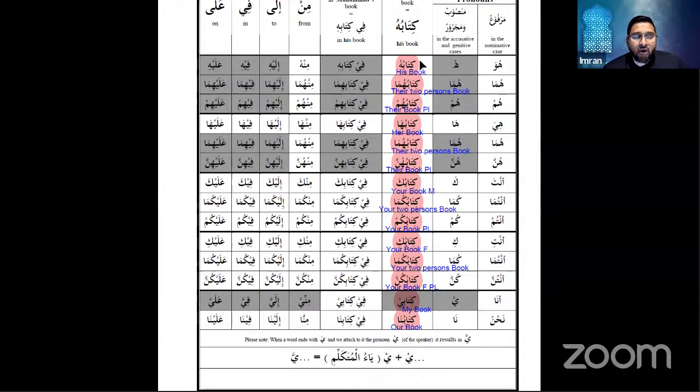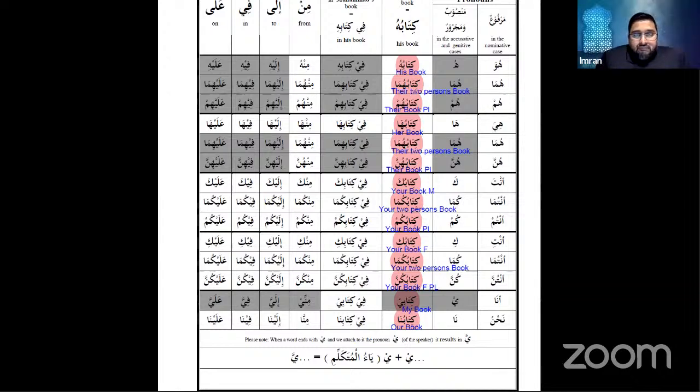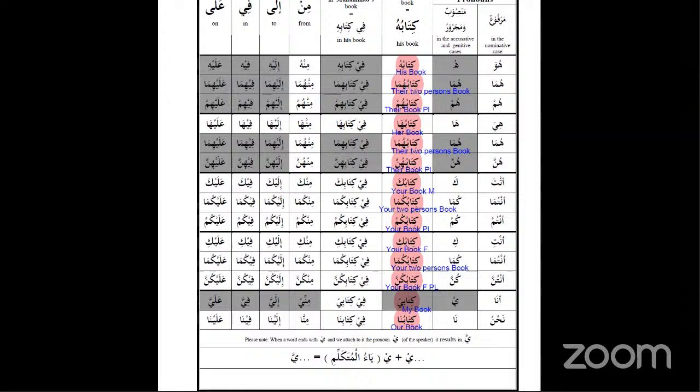Kitabuhu and all the rest. Okay, so I just have to say the things that are highlighted in pink, right? Yes, that's right. Bismillahirrahmanirrahim. Kitabuhu, his book. Kitabuhuma, their two persons' book. Kitabuhum, their book, plural. Kitabuha, her book. Kitabuhuma, their two persons' book. Kitabuhunna, their book, plural.